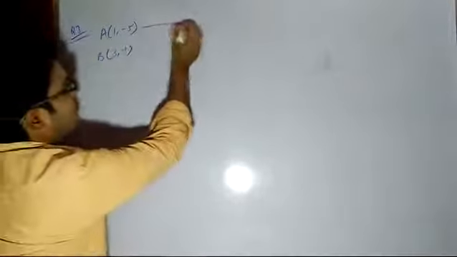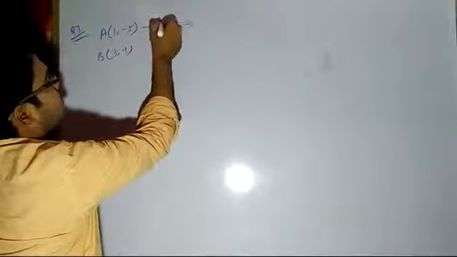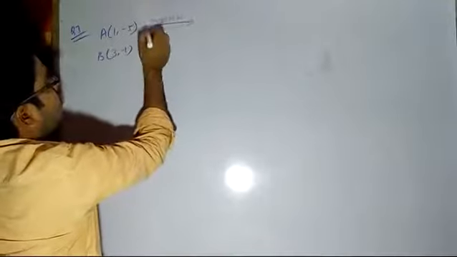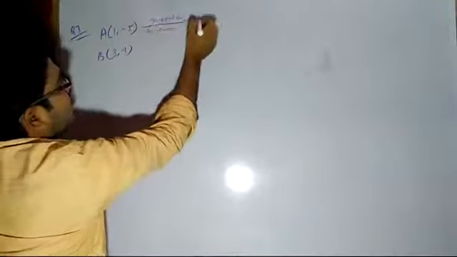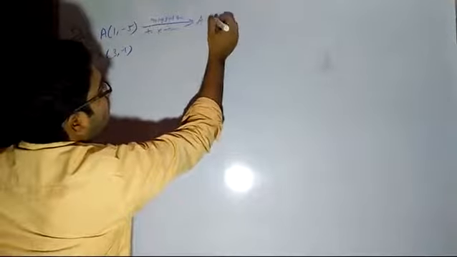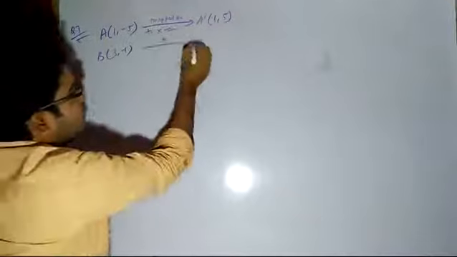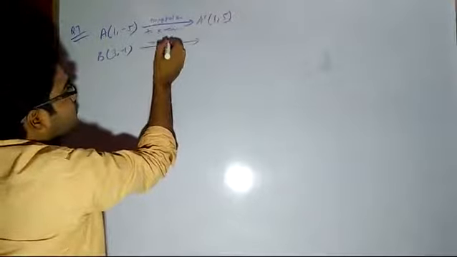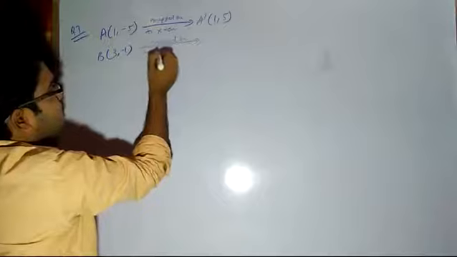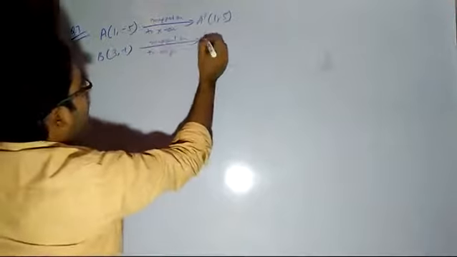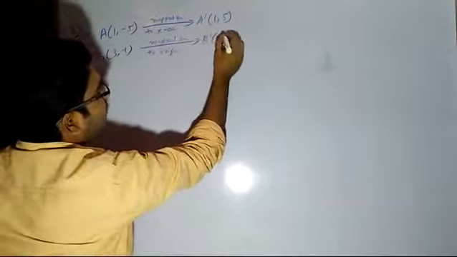Now the question says this point is mapped onto the x-axis, then A dash will become (1, 5). Minus will turn out to be positive. This is mapped onto the origin. Origin means B dash will become (−3, 1). Both the signs will change.